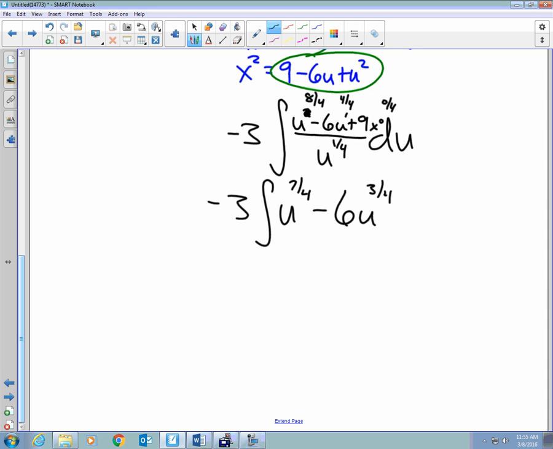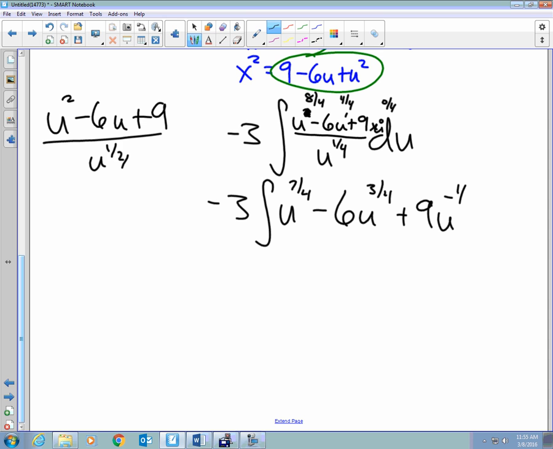Because I'm rewriting the 2 as 8/4 so I can subtract it. Well, that should be u to the 0. My bad. But so the idea is this is being divided by u to the 1/4. As I'm dividing these pieces, I have to subtract the exponents. So I've got 8/4 minus 1/4, I got 4/4 minus 1/4, and I got 0/4 minus 1/4, which is negative 1/4.